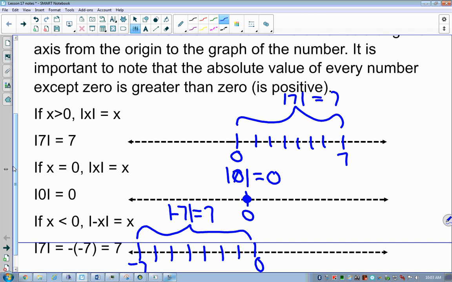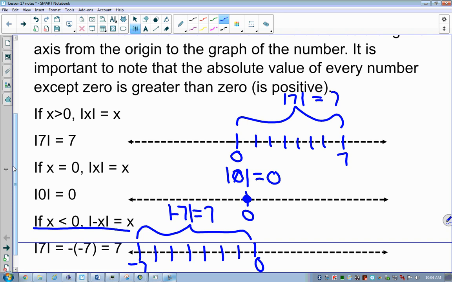I don't know that that's quite necessary to have in there without it just being confusing. But the absolute value of negative x is x. So if x is less than 0, that makes it a negative number. That's what you're seeing right here. If x is less than 0, then the absolute value of negative x is x. So the absolute value of negative 7 is 7. That should be fairly easy. Do we have any questions about that?